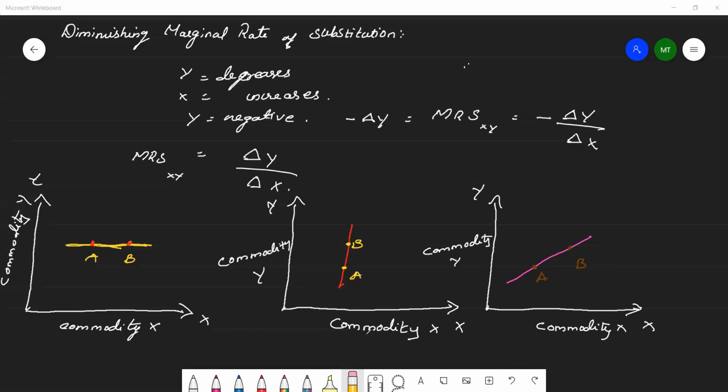First, the one with negative slope; second, the indifference curve convex to the origin; and third, indifference curves without horizontal or vertical portions. Let's see the next diagrams.